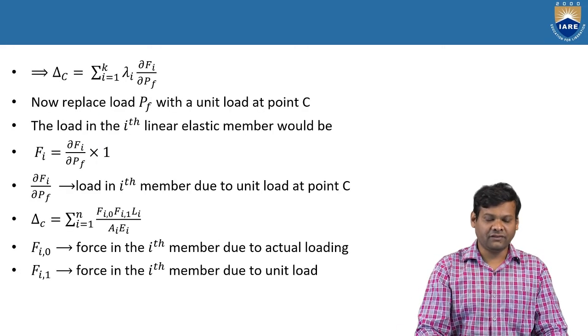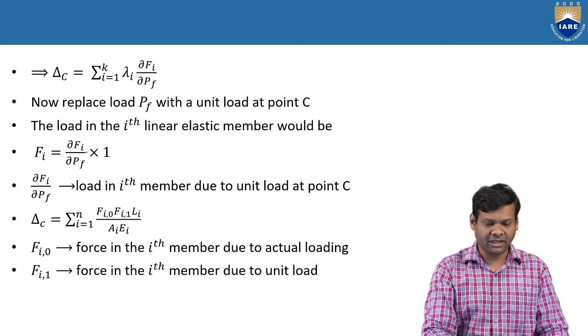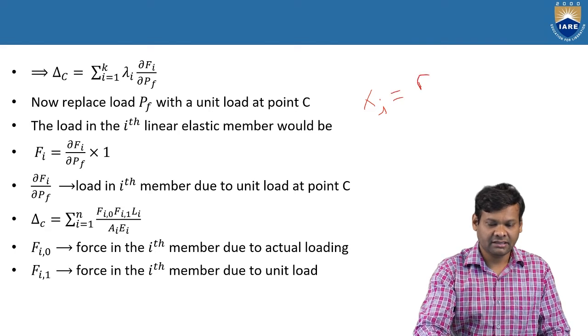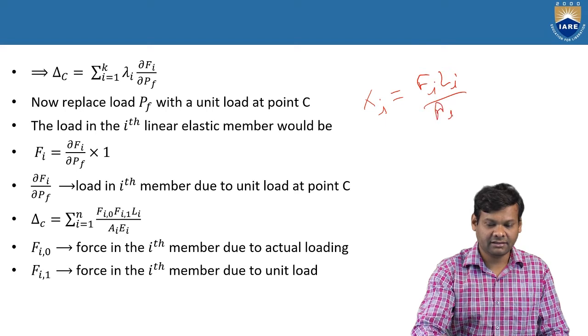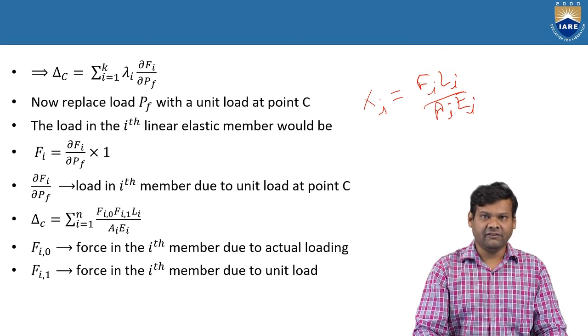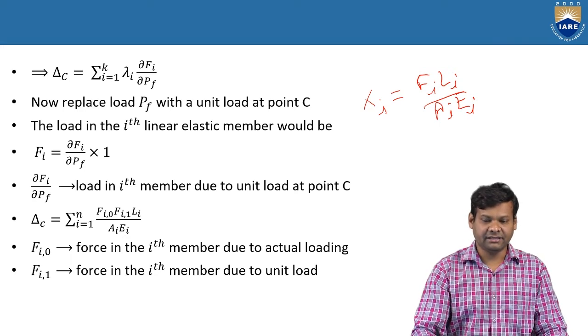Now what we can say is that delta C, when you replace this dou Fi by dou Pf in the above equation, and the extension term we already know, lambda i is equal to Fi Li by Ai Ei. E is the Young's modulus and A is the cross-sectional area of an element. F is the load acting in an element and Li is the length of an element.